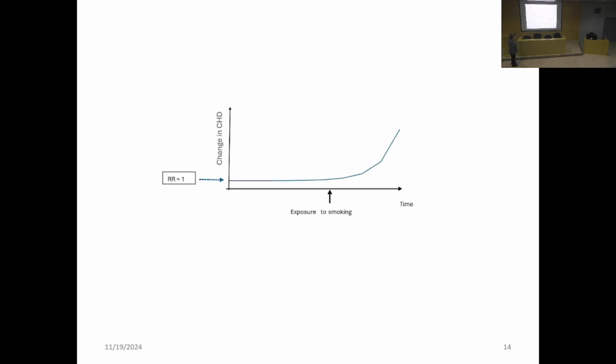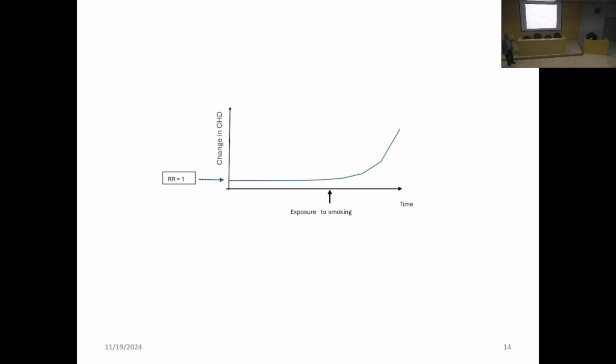And this graph illustrates the cohort study design. Before the exposure, the risk is the same for both, the incidence is the same. When you start exposure, normally the number of cases will increase among the exposed group. Do you understand this graph?